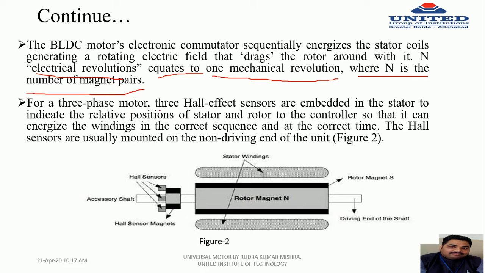For a three-phase motor, three Hall effect sensors are embedded in the stator to indicate the relative position of stator and rotor to the controller so that it can energize the winding in the correct sequence and at the correct time. The Hall sensors are usually mounted on the non-driving end of the unit as shown in figure 2.